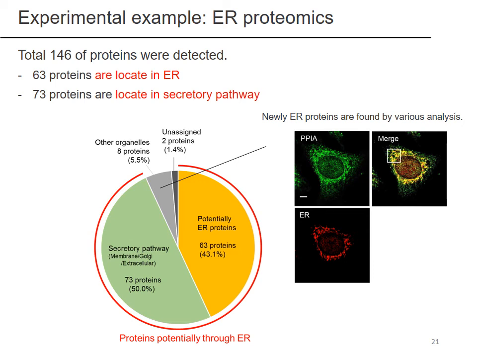Among the 146 proteins, 63 proteins were known as ER-resident proteins, and 73 proteins were categorized in the secretory pathway, such as membrane, Golgi apparatus, and extracellular proteins. As the ER is the origin of the secretory pathway, proteins in this pathway can also be detected, around 93%. Furthermore, the original paper revealed some remaining proteins are actually novel ER proteins.